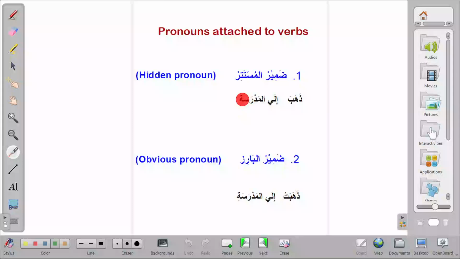The thing is that in English, verbs can stand on their own. Verbs normally stand on their own. They do not come with any pronoun attached to them. So for example, if I say he went, the verb is just went or go. I hope that is clear.